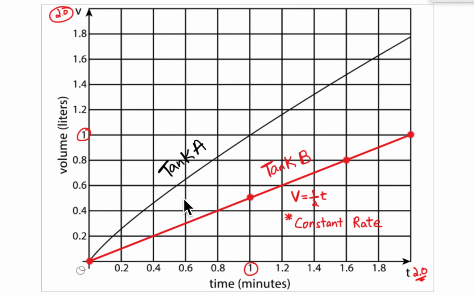So the volume of tank B in a minute is 1/2 of a liter. So this goes back to what we talked about before. This says that the vertical units are 1/2 the horizontal units. So the horizontal units in this case is 1. The vertical unit in this case is 1/2.